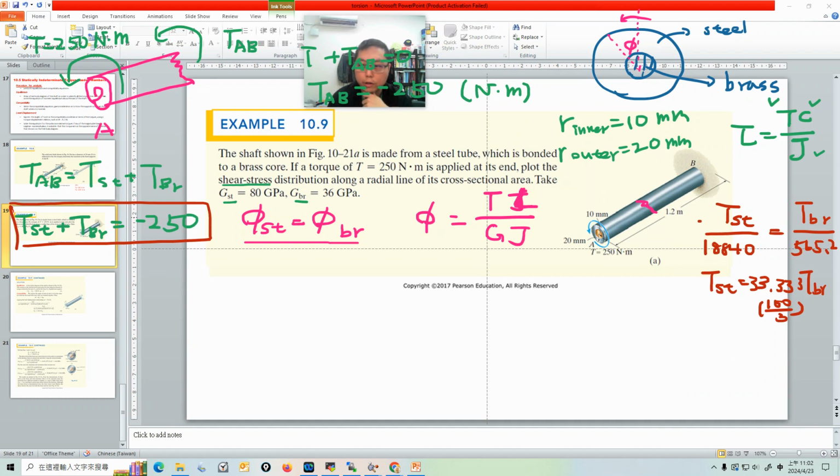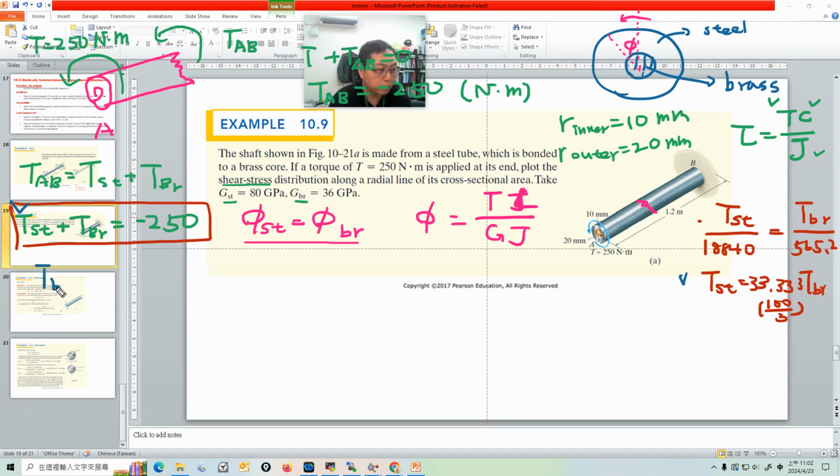You have these two equations, combined together. I think you should just try yourself.